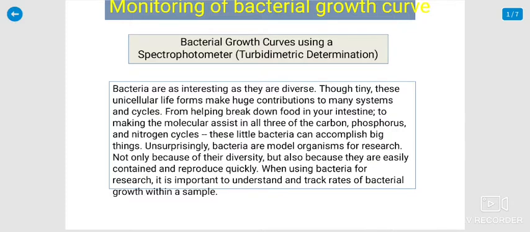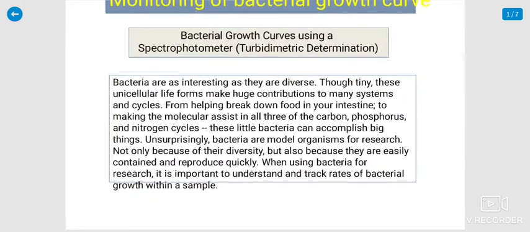These little bacteria can accomplish big things, and surprisingly, bacteria are model organisms for research, not only because of their diversity, but also because they are easily contained and they reproduce quickly. When using bacteria for research, it is important to understand and track rates of bacterial growth within a sample.